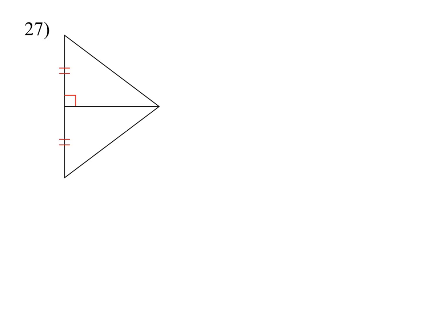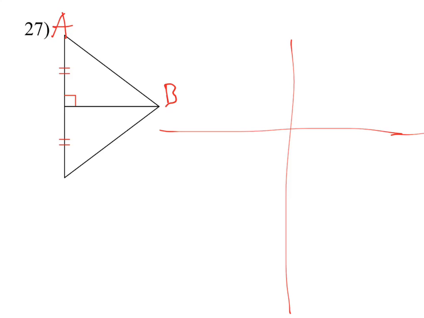And moving on to the next one, again, I'm going to put my columns over here. I'm going to have A, B, C, D, and already these two sides are congruent to each other. That's AD congruent to CD, and that's because those are given.